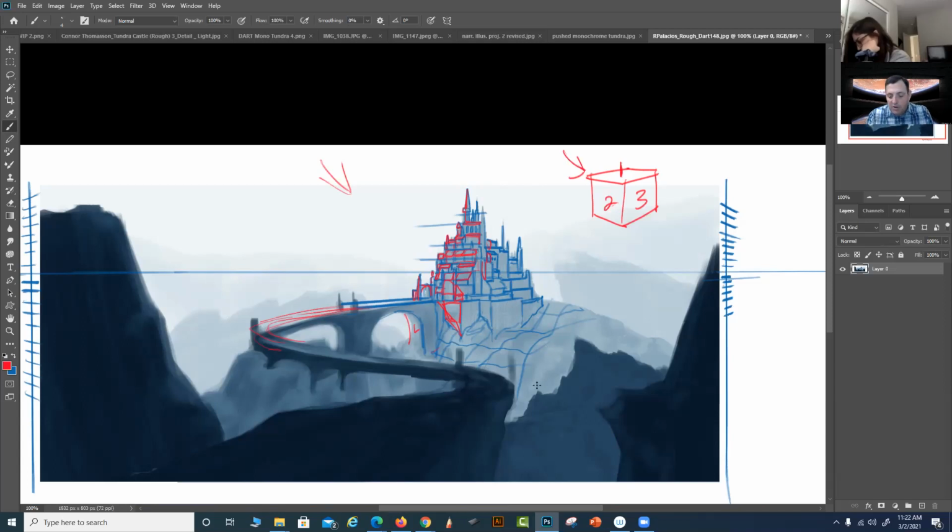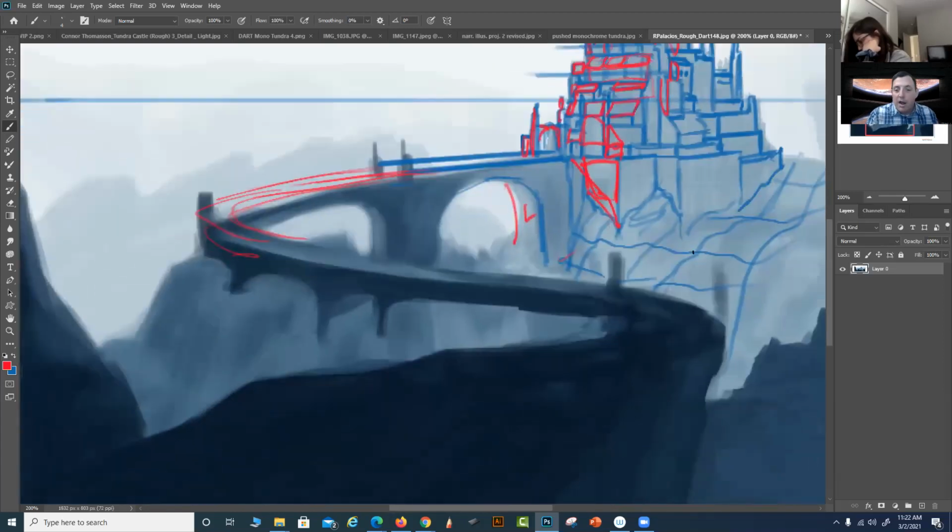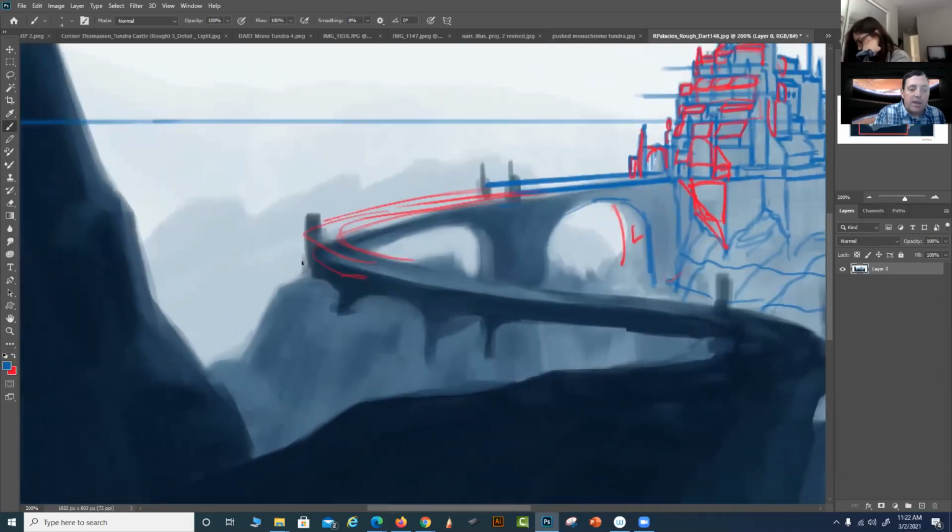In fact, I could make this an assignment, but I wouldn't want to be mean. If you start thinking about all these other grids that you have here, like, that's a rock side, where are the shadows going to be, what's the contour of this going to feel like?